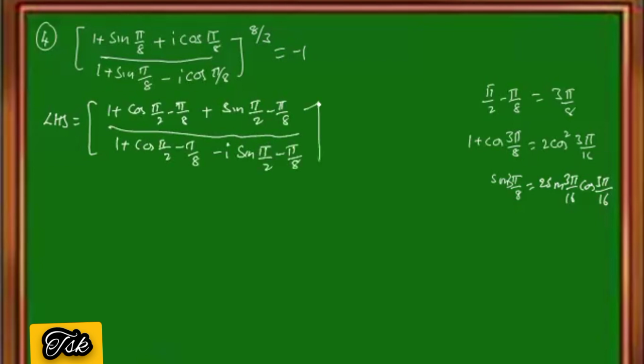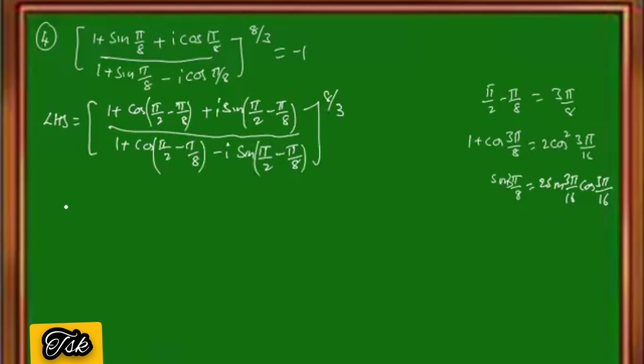I think it's clear. Sin theta can be written as cos of 90 minus theta, and cos theta can be written as sin of 90 minus theta.